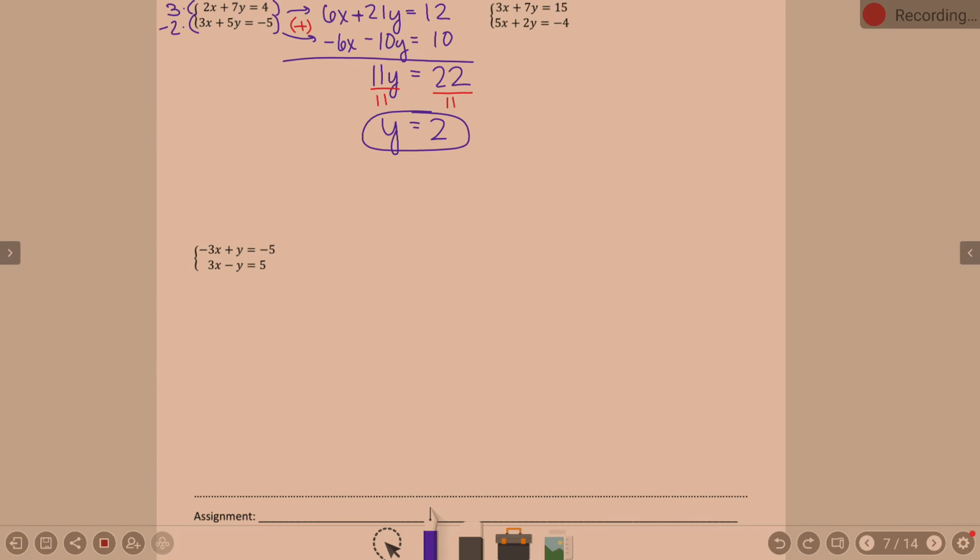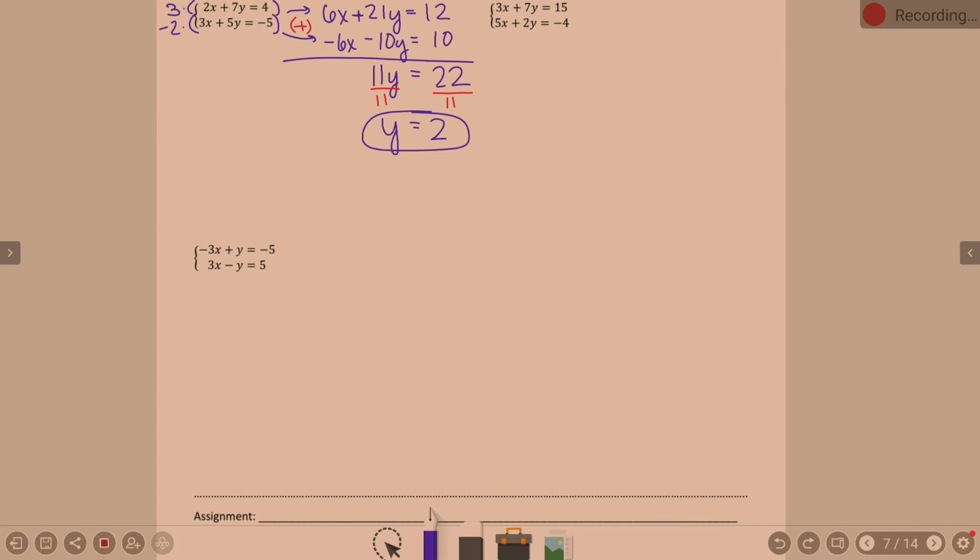So when you plug y back in, do you plug it into the one where you multiplied, or do you plug it into the base? So, the question, where do we plug the 2 back in? After you multiply, before, after? I personally would go back to the original and use it before. Now, could you use the multiplied one? Yes, you can. But you had a little bit bigger numbers there by the time you got multiplying, didn't you?